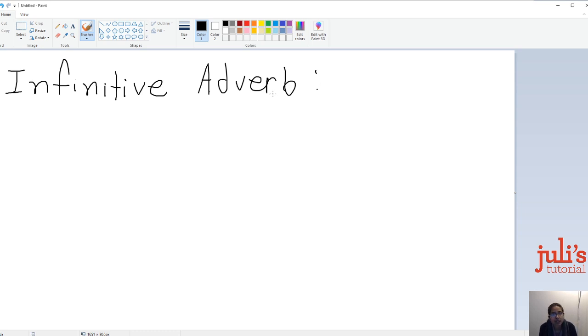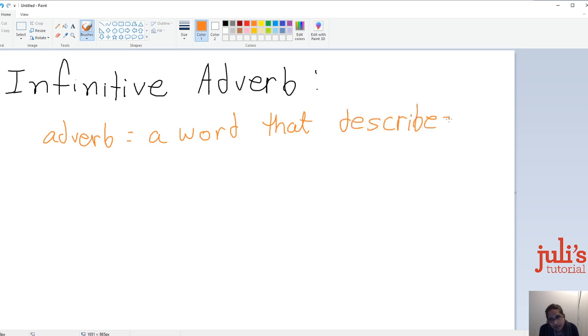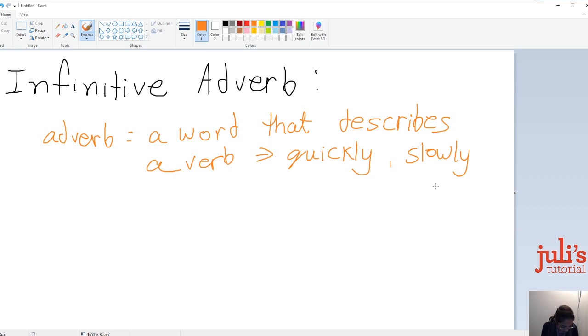An adverb is a word that describes a verb. So let's review what an adverb is. An adverb, a word that describes a verb. Examples: quickly, slowly. Those are adverbs.